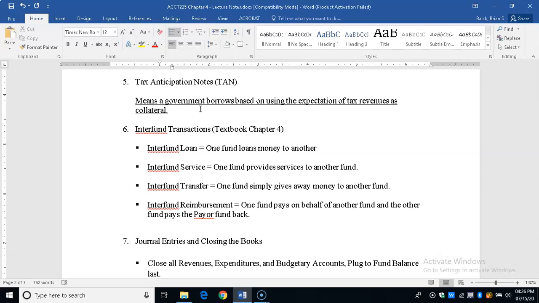Right? So governments have a very steady stream of revenue, and based on, for example, property tax revenue, they can borrow on that future stream of income. We call that a tax anticipation note. Basically, it's a loan collateralized by tax revenue.